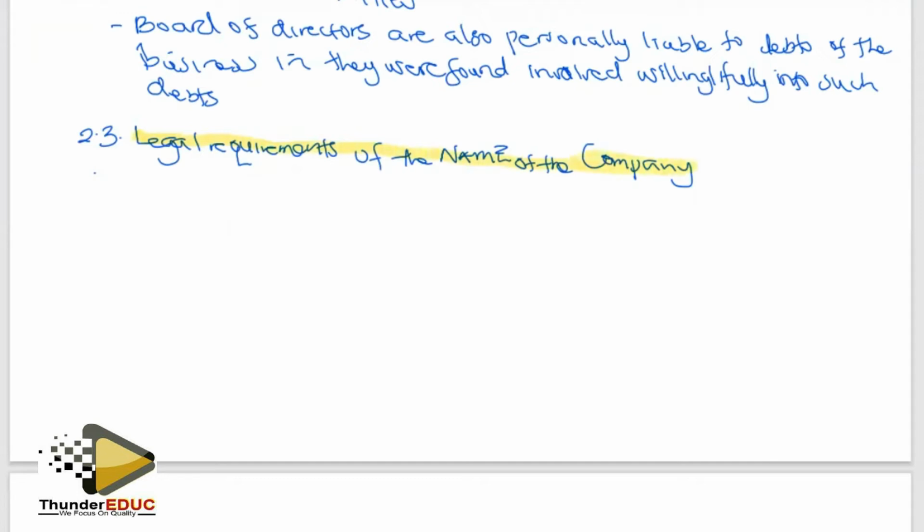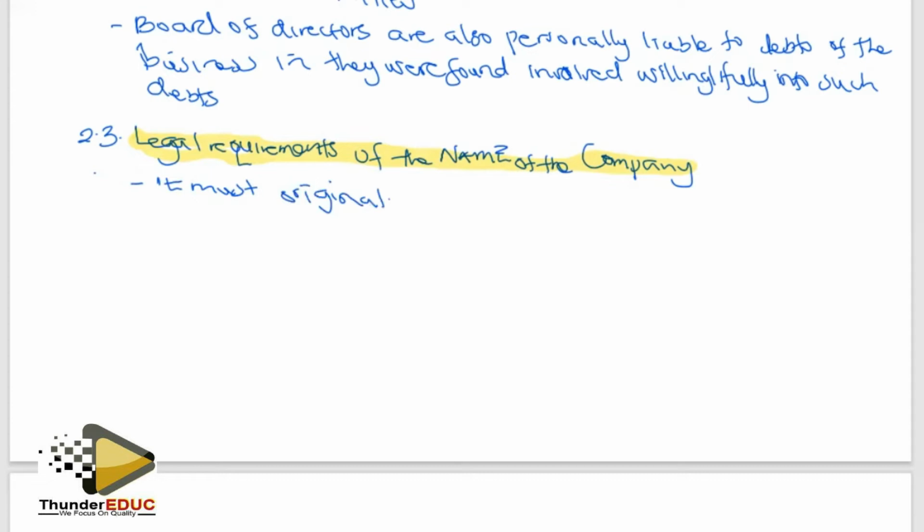But we need to see how the name of the company should look. What should it have? First of all, the name of the company must be original. With that, what does this imply?